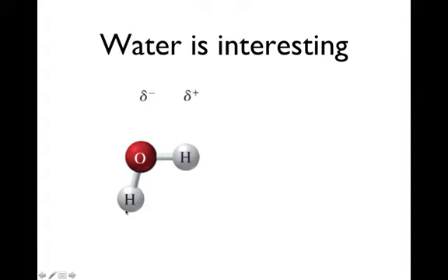It turns out that if you have many water molecules all mixed together, like you might have in a glass of water, each water molecule will also have slight negative and slight positive charges associated with the atoms. And because the oxygen atom of one water molecule has a slight negative charge, this oxygen atom will have a slight interaction with the positive charge of hydrogen atoms on a different water molecule.